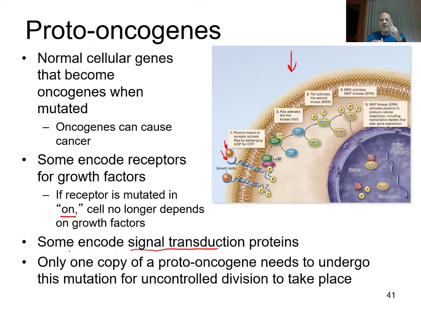All you need is for the gene for any one of these proteins to go bad, just one copy, and then that can cause uncontrolled cell division. Okay, so that's an important thing to remember. So while one good gene is producing good protein, the other one is producing the bad protein, and all you need is one copy, and it's uncontrolled cell division.